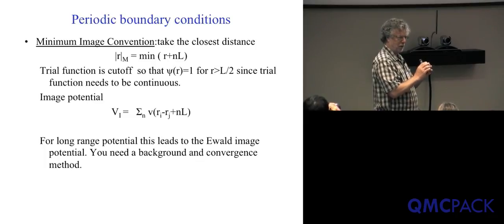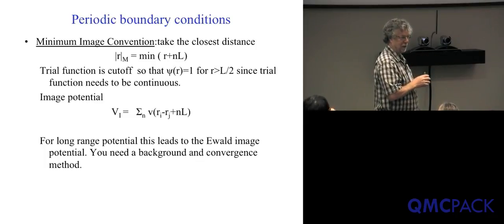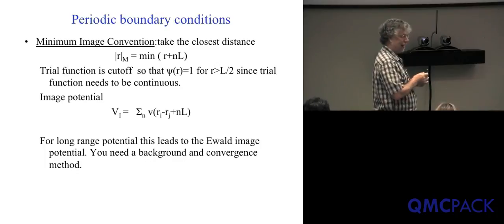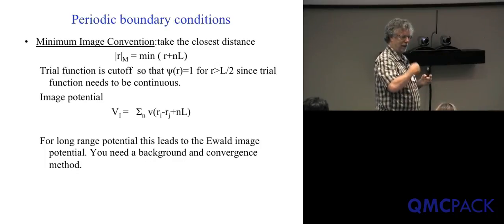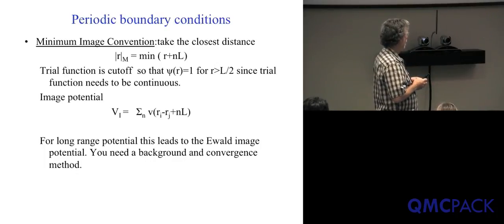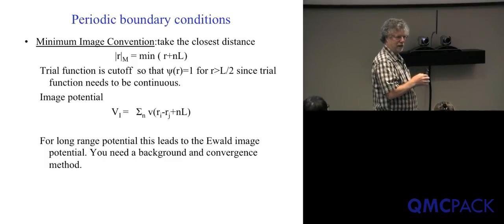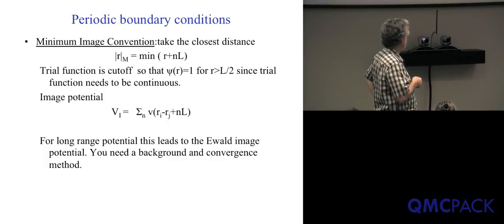What you do is you put them on a torus mathematically, periodic boundary conditions, and you have to compute the distances in periodic boundary conditions. And so this is what we call the minimum image convention. This is the minimum distance between two particles. And it's important that we treat the wave function like that.